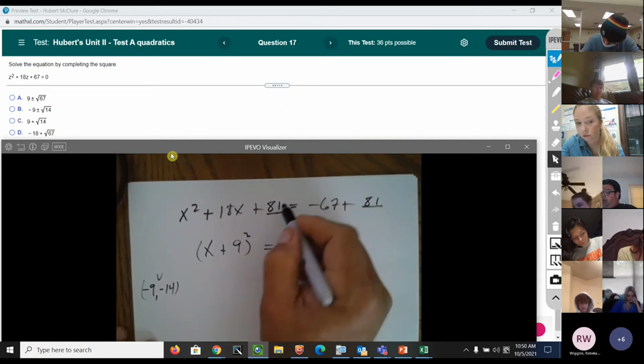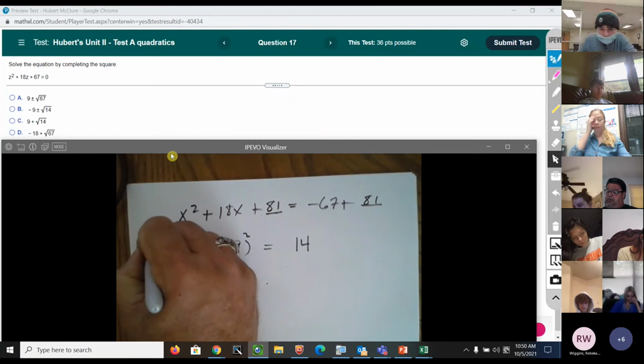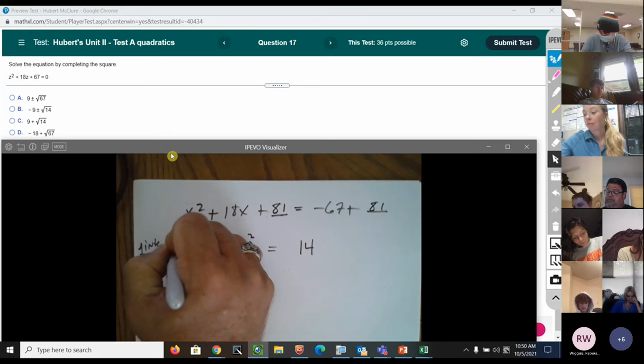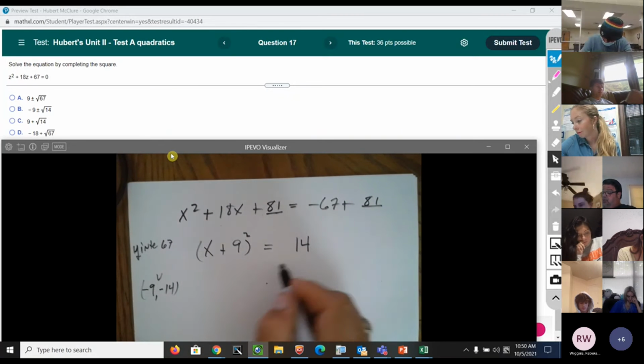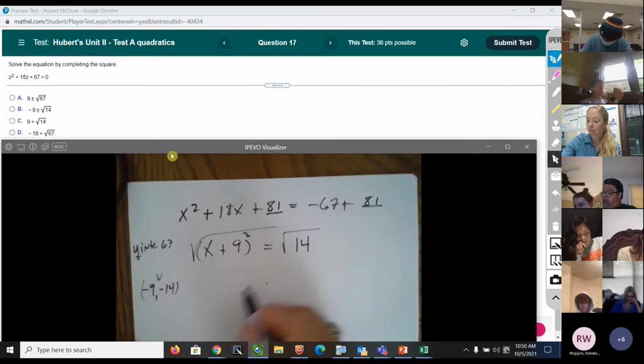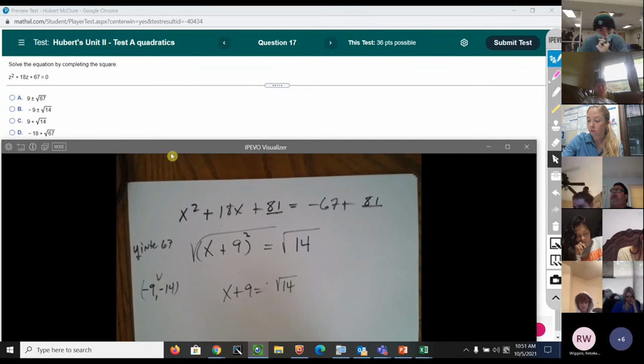And you've got a y-intercept of 67. Y-intercept is 67. And take the square root of both sides. x plus 9 is equal to the square root of 14. Well, the square root of 16 is 4, so I'm going to say 3.8.